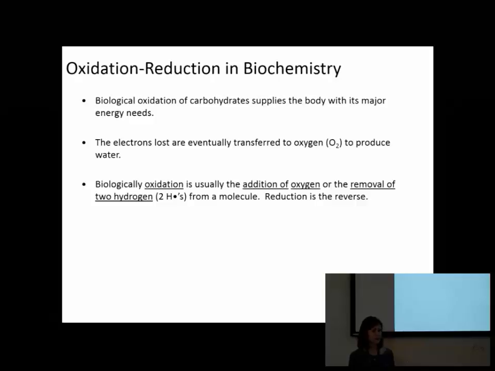Gaining electrons is reduction. If it is the ultimate electron acceptor, it accepts electrons after everything else has given them off. So we're going to go from lower to higher. When we pass from one bucket to another, we're going to pass from lower standard reduction potentials up the chain to higher ones.